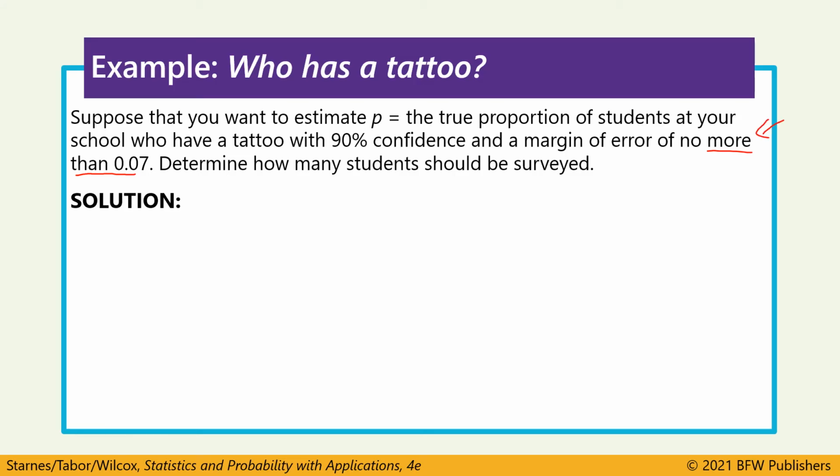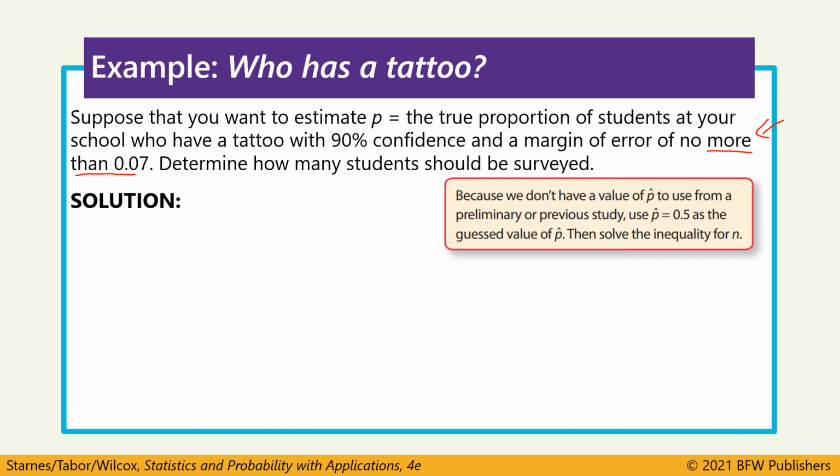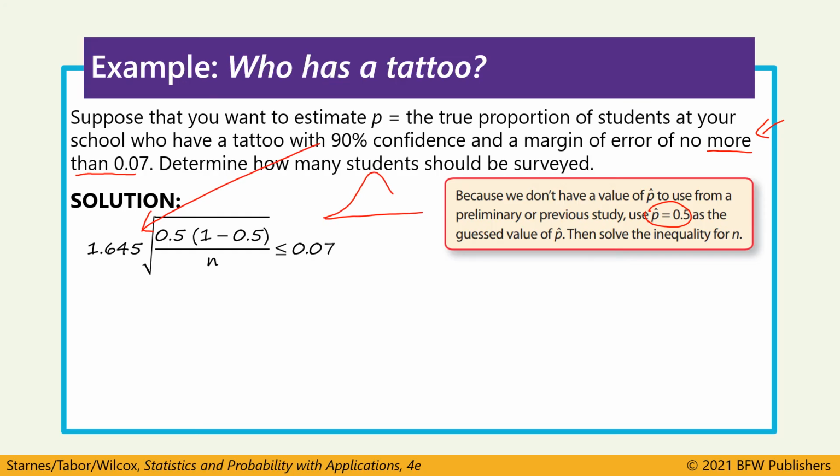We'll start off by figuring out what values we can plug into our equation. We don't have any past study on the proportion of students who have a tattoo, so we're going to use p hat as 0.5. That's our worst case scenario. This 1.645 comes from that 90% confidence interval, where we put 90% in the middle of our curve.